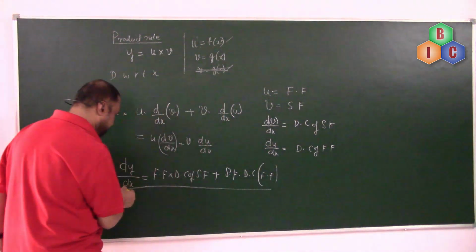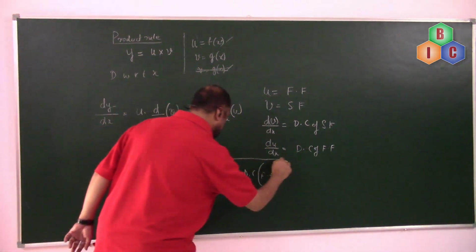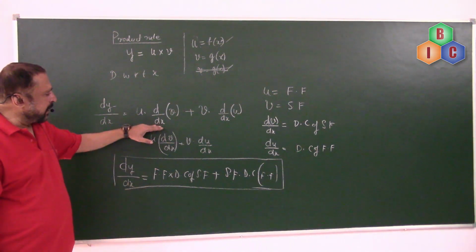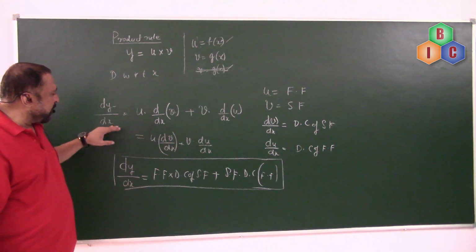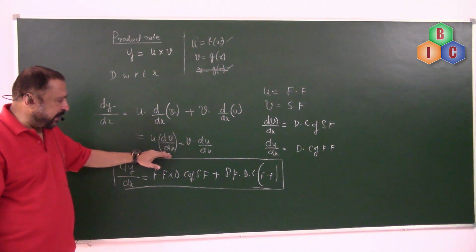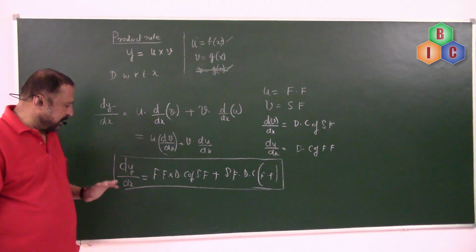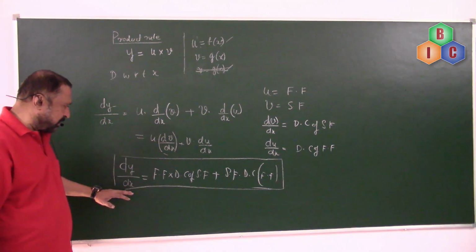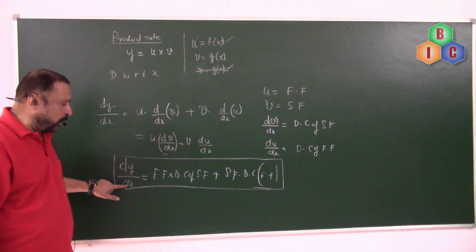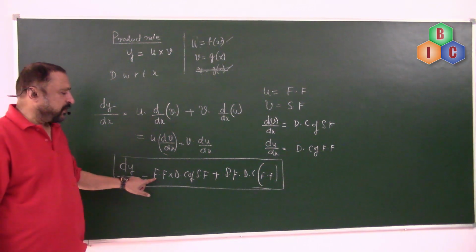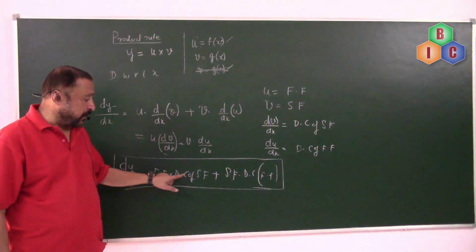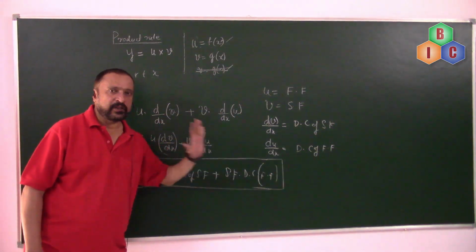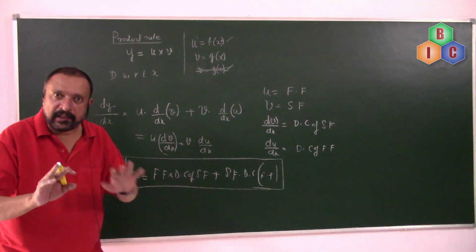So in terms of words, you can remember product rule like this. Mathematically, product rule is dy by dx equals u into dv by dx plus v into du by dx. Now if you want to remember this in terms of words, then product rule can be stated as first function into differential coefficient of second function plus second function into differential coefficient of first function. This you should always remember.